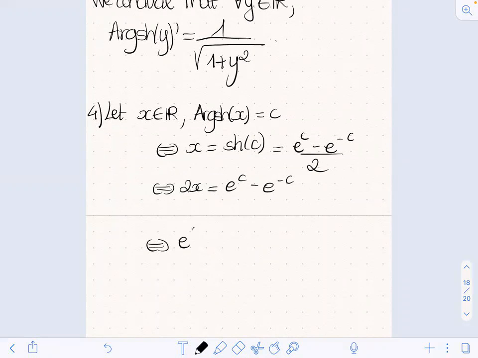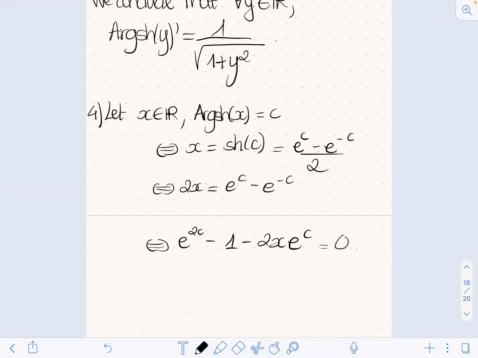So we'll get exponential of 2c minus 1, minus 2x exponential of c, and that's equal to 0.